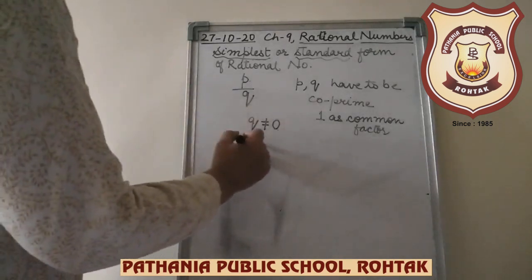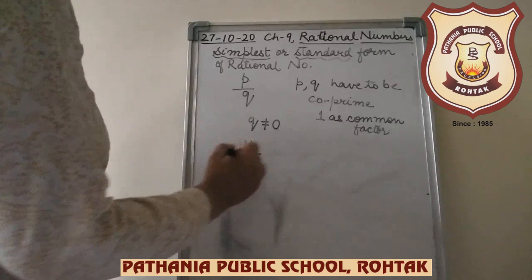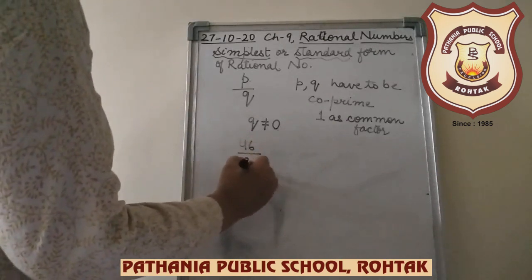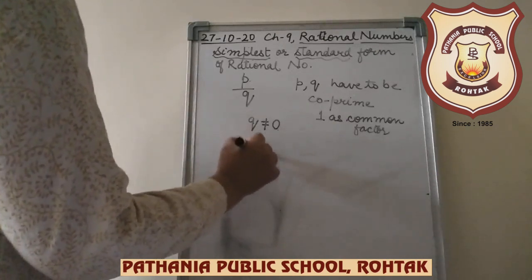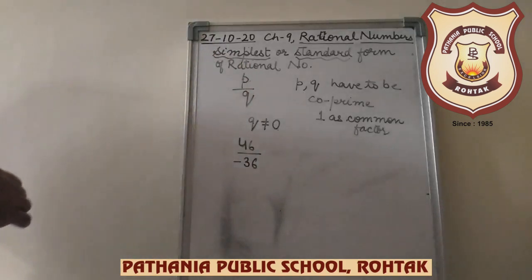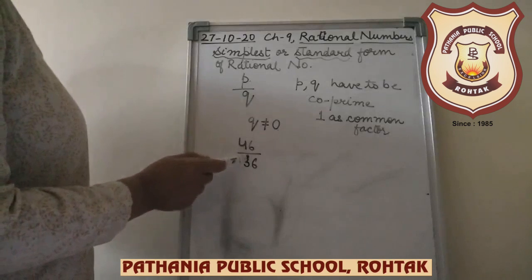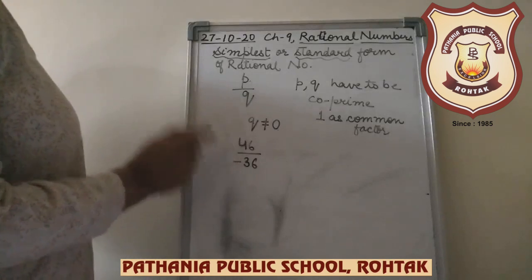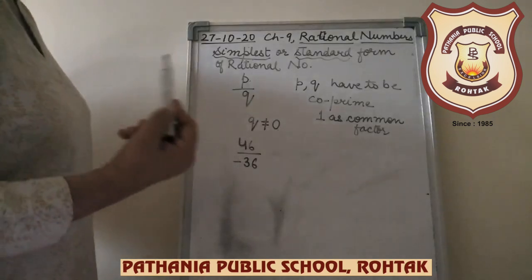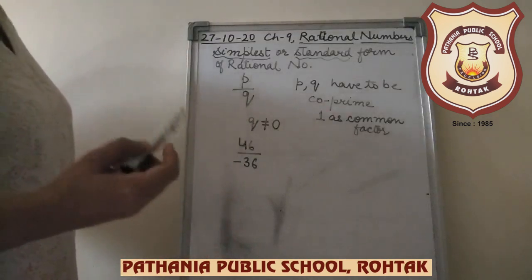Clear? So these are the things that you have to keep in mind while writing the rational number in standard form. Now I'll take example 46 upon minus 36. Clear? You have to write this in standard form. First thing is that they are not co-prime numbers. You can reduce them. Okay?